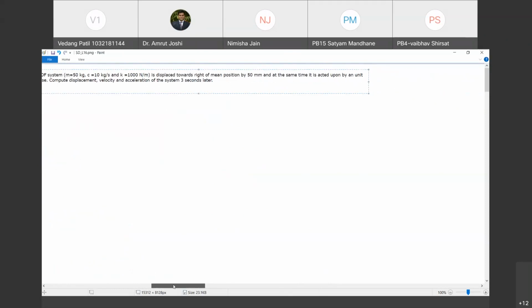A single degree of freedom system of mass 50 kgs, damping 10 kg per second, and stiffness of 1000 Newton per meter is displaced towards right of mean position by 50 mm, and at the same time it is acted upon by a unit impulse. Compute displacement, velocity and acceleration of the system 3 seconds later.